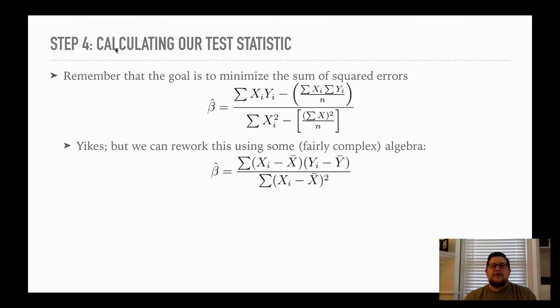Now, this still looks a little bit tricky for some of you, I'm sure. But look at the numerator of this second equation. If you remember back to when we talked about correlations, you start the correlation by looking at the covariance. And the covariance is literally the same numerator, except it's divided by n-1. Basically, how much variation do they share together? x's distance from its mean and y's distance from its mean.